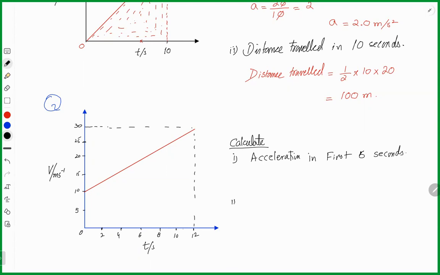Number 2, the distance moved in 12 seconds by the object. Let's see if you can solve the question. If you need help, you can ask. The dotted lines are there to tell you the turning points.